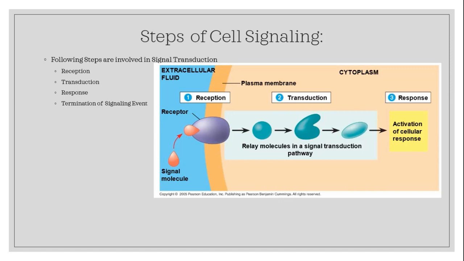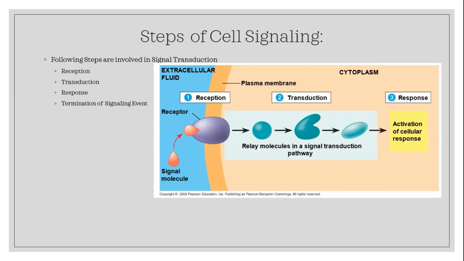So this is the last step, called termination of the signaling event, which is also very important. If the termination of the signaling event does not take place, the signal can remain as it is and can lead to some disastrous effect, especially in animal cases where it can lead to cancer formation. So in case of cell division, of course. So these are the four important steps.